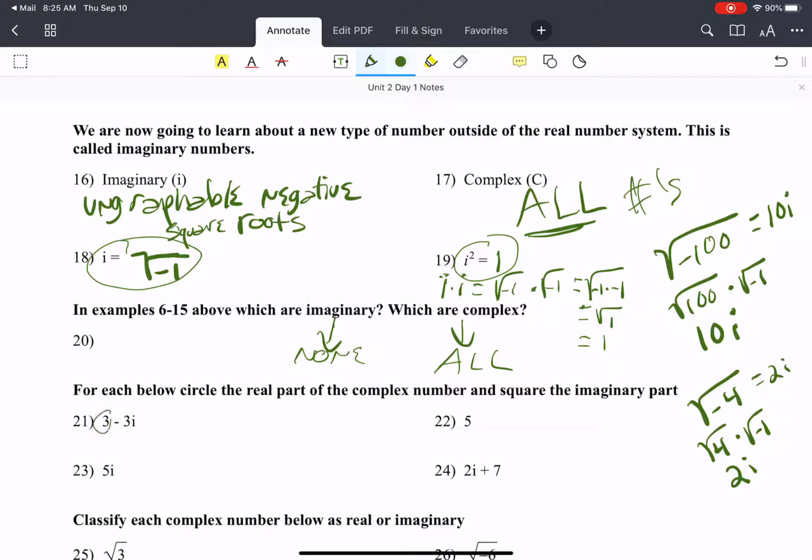The 3, and then it says to square the imaginary part. Good. Now, is this one considered real or imaginary in the end? It's called imaginary because I couldn't graph it. So this one's classifications would be i and C.